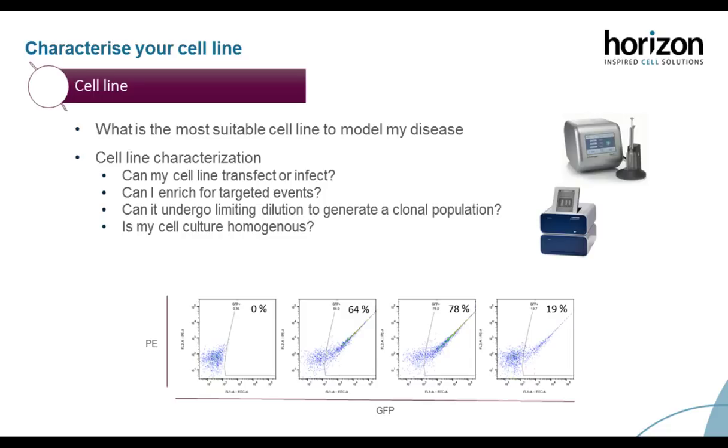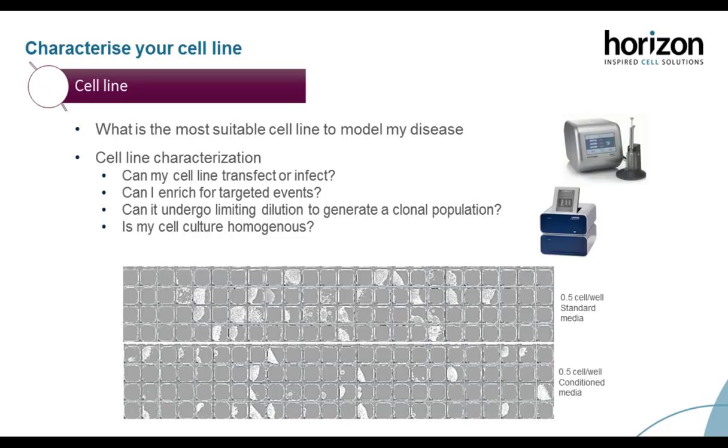The image on the bottom is an example of the recovery that I obtained when I seeded a suspension cell line at 0.5 cells per well in standard media, just the typical growth media that they use, as well as conditioned media, which is 50% media that the cells have been in for 24 hours and 50% their standard media.